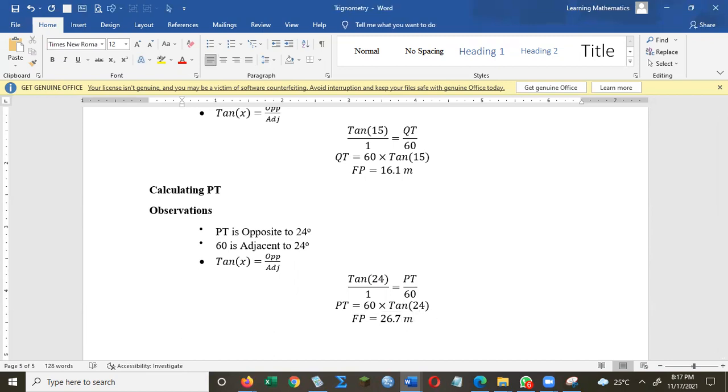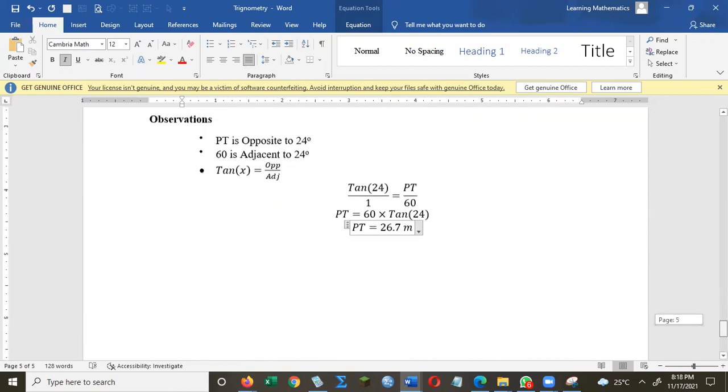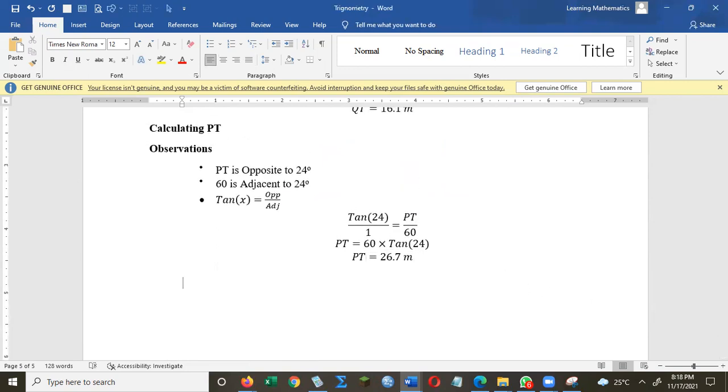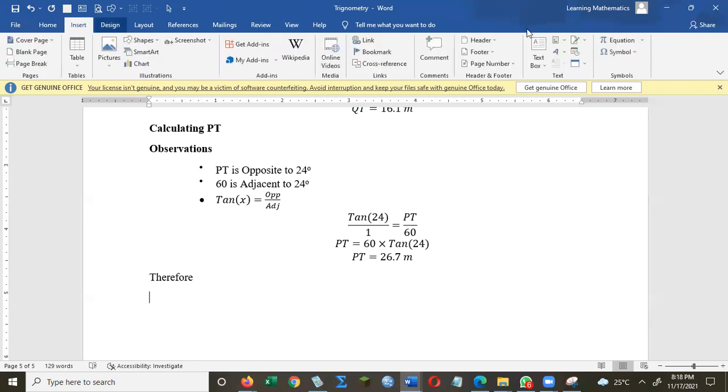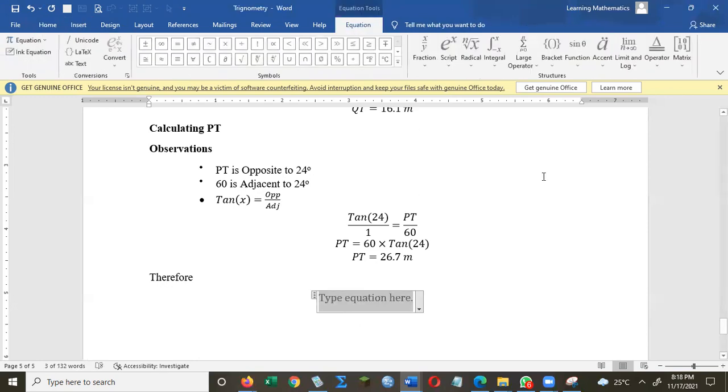Now the reason why we're calculating PT: that's QT and that's PT. The reason we're calculating QT and PT is because what we want is QP. So therefore, we know that QP is equal to QT plus PT.